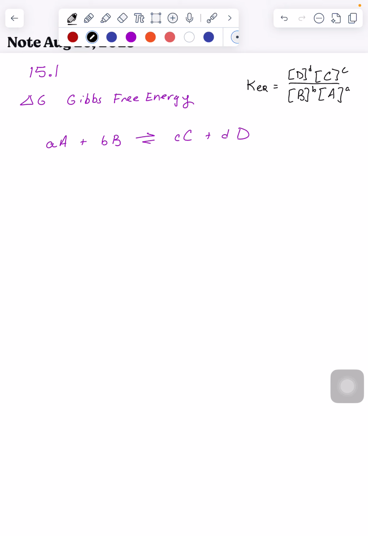And this gives us a ratio of products to reactants under equilibrium conditions.